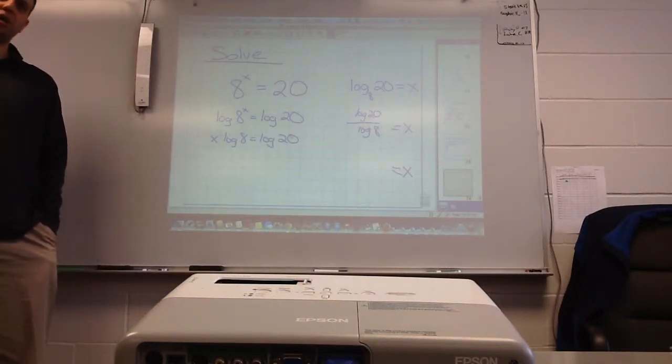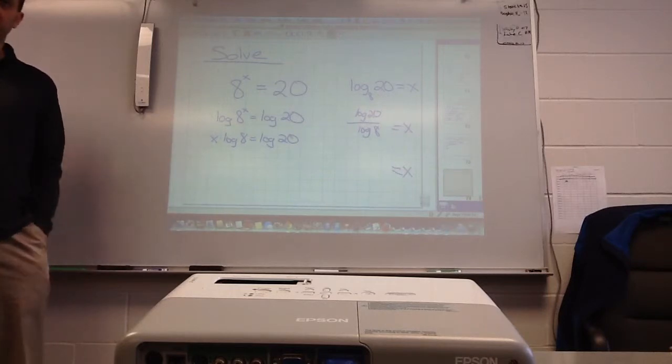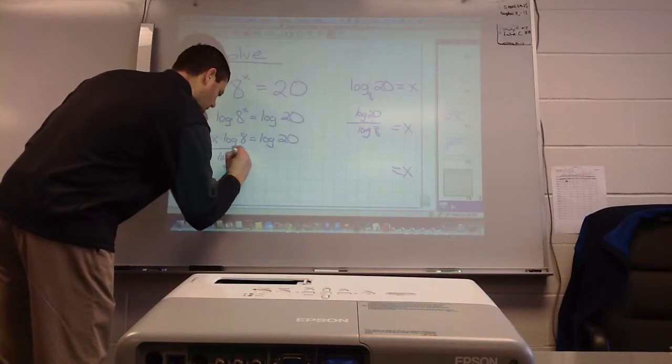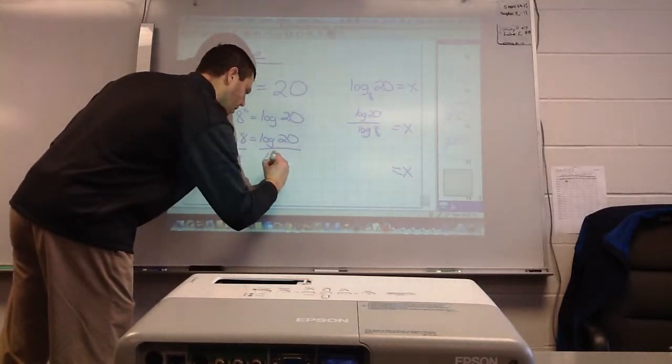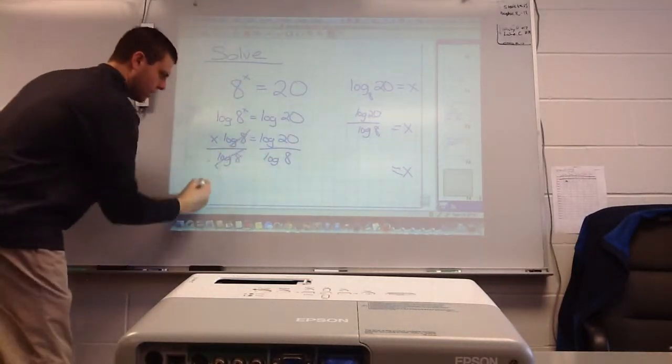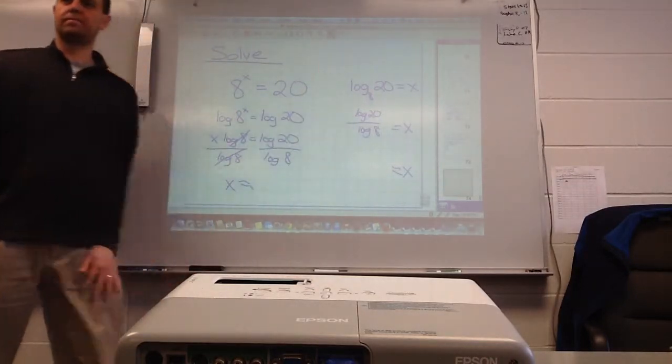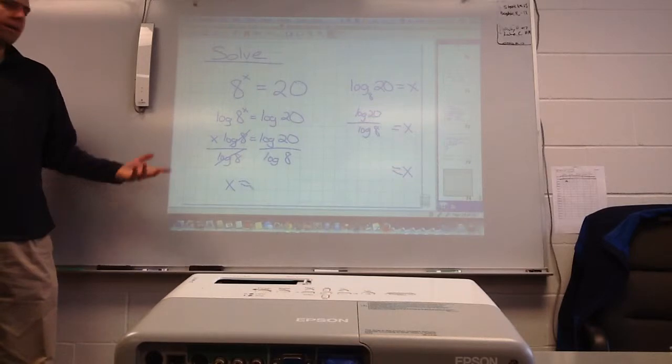What do I got to do now to solve for x? To get x by itself? Divide by log of 8, both sides. Log of 8 divided by log of 8. You end up doing the exact same math, right? That's just what I've always done.